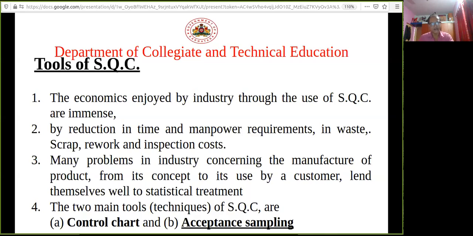For example, if I take a control chart called the X bar R chart, X bar is nothing but the variables, and R is nothing but the range in the variables. For example, if I take 1, 2, 3, 4, 5, these are the variables.